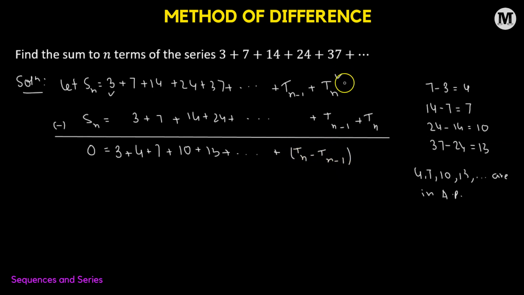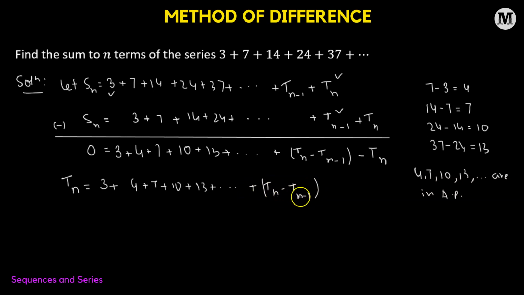So we've considered Tn from the first series and Tn minus 1 from the second series, and we have the remaining term of the second series, that will be negative Tn. We'll transpose this negative Tn to the left hand side and that's going to give us Tn. This is going to be equal to 3 added to 4 plus 7 plus 10 plus 13 going all the way up to Tn minus 1.